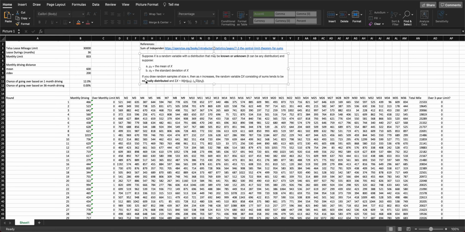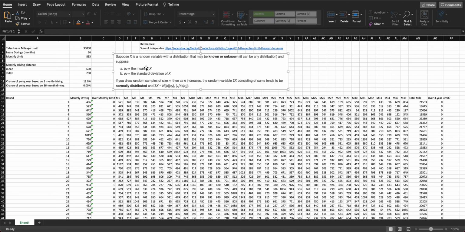If your monthly driving is a random variable with mean mu and standard deviation sigma, and you repeat it as a sample from the same distribution, in other words, month in and month out your behavior doesn't change, and n is the number of months, then the summation of your monthly mileage tends to be normally distributed, with a mean of 36 times your average.